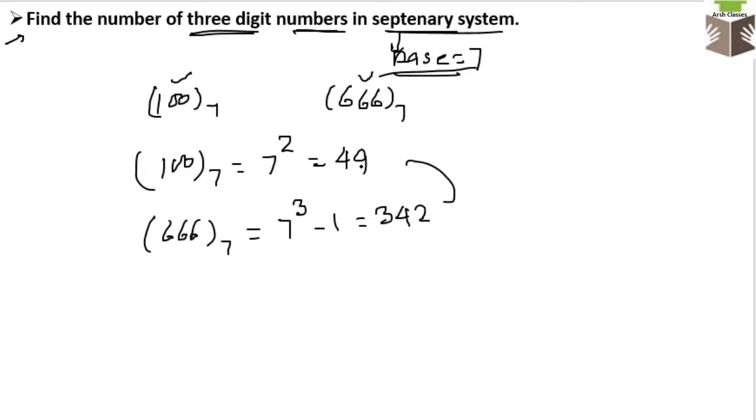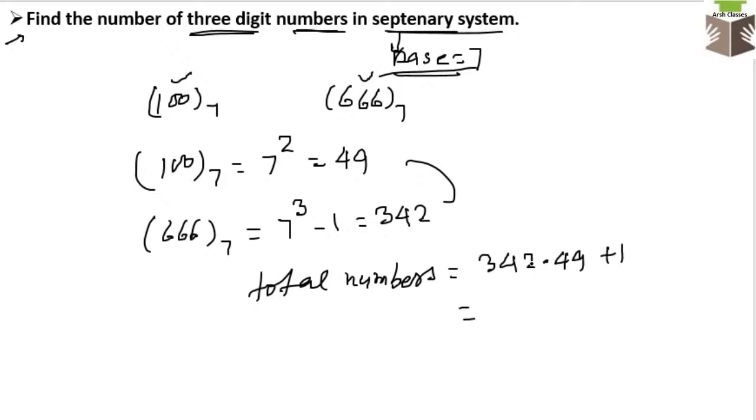So we are taking the numbers from 49 till 342, and as both numbers are counted, we need to add 1. So 342 minus 49 plus 1 is 294. So in total there will be 294 3-digit numbers in the septenary system, right, guys?